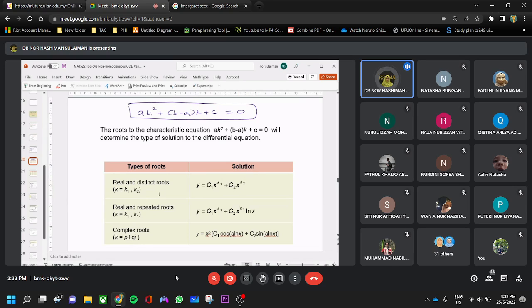Okay? Alright. Kalau sekiranya the roots happen to be repeated roots, then you all akan dapati yang the first term ni sama, tapi the second term need to be multiplied with log x. Okay, boleh faham? Kalau repeated, the second term mestilah kuasa sama k1, tapi mesti multiplied with log x.